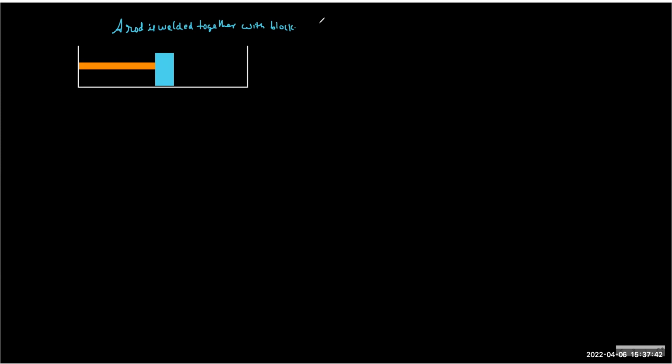Because the rod is not perfectly rigid, it's an elastic rod, so it will have Young's modulus, area of cross section, length L, and I think that is sufficient. And the block of mass M. Of course that amplitude part you can't see much. Amplitude is something like negligible, but SHM will be there and it will have a time period.